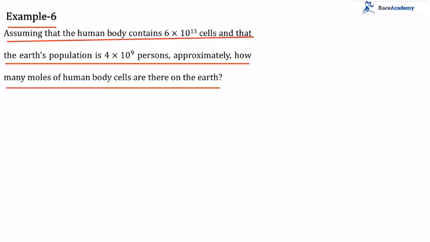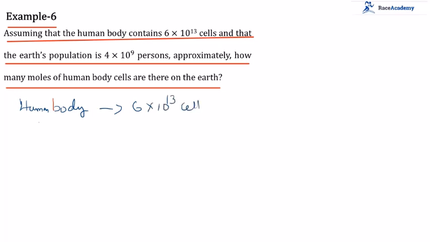One more important standard question we have in this. They are telling that one human body, one person contains 6 into 10 to the power of 13 cells. That means one human body contains 6 into 10 to the power of 13 cells.